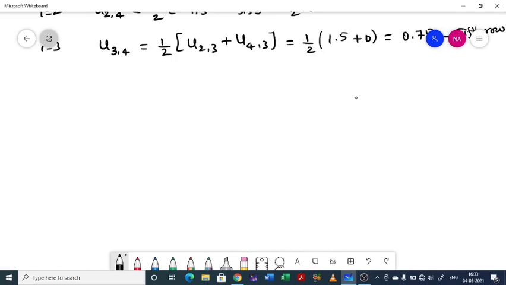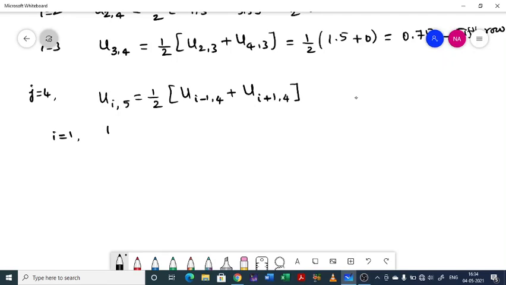Taking j equal to 4, you will be getting u(i,5) equal to 1/2 times (u(i-1,4) plus u(i+1,4)). As usual, taking i equal to 1, we will be getting u(1,5) equal to 1/2 times (u(0,4) plus u(2,4)).